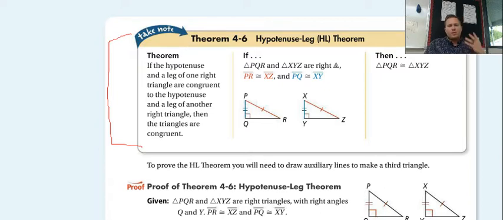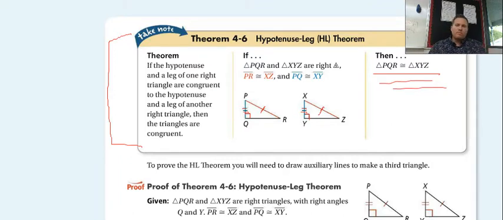What this theorem says is if the hypotenuse and a leg of one right triangle are congruent to the hypotenuse and a leg of another right triangle, okay, so I see that they are right triangles because they have 90 degrees. And if it tells me that the two hypotenuses are the same and one of the legs is the same, then I know that these two triangles are congruent.